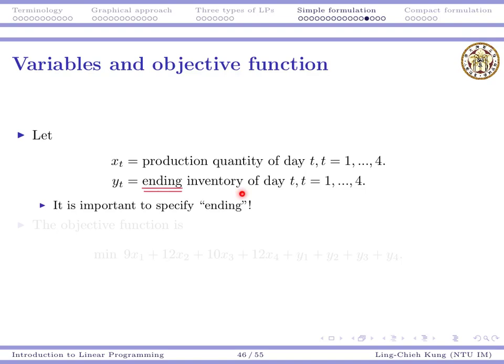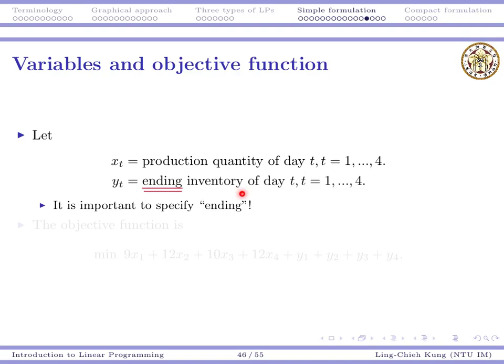If you are doing this problem, you cannot write YT equals inventory of day T. That's not precise, right? At least you know there are ending inventory and beginning inventory. If you want to make a clear definition, you need to say it is an ending inventory or whatever.